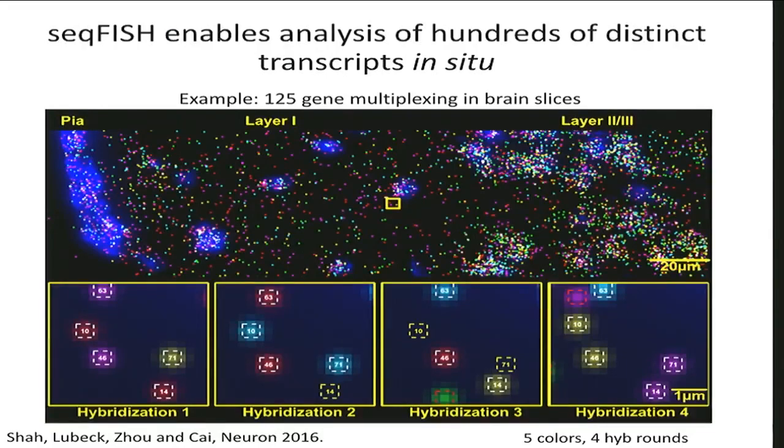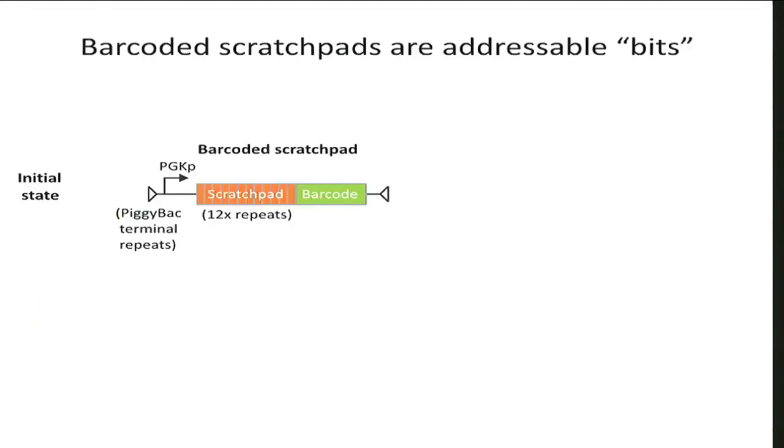Then actually here it was missing. This is an error, and here it's yellow. So this is one code. There's an error correcting round here also. Here's another one that goes purple, red, blue, blue. Each of these can be identified as a distinct molecule. Okay. And so using this technology, Long's group has now been able to look spatially at, first of all, discovering new cell types in the brain, and then seeing how they're actually spatially arranged with respect to each other.